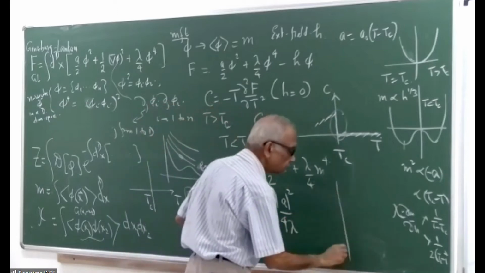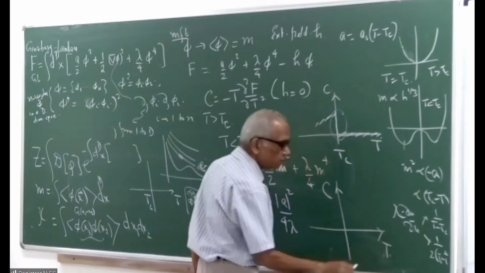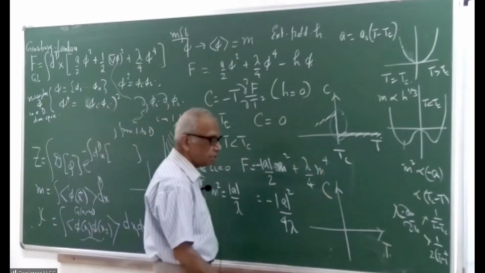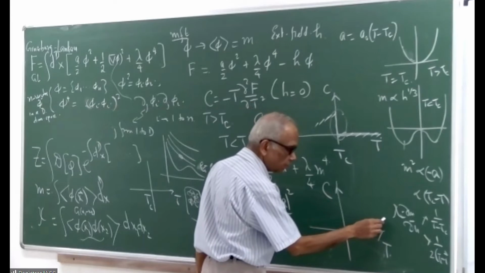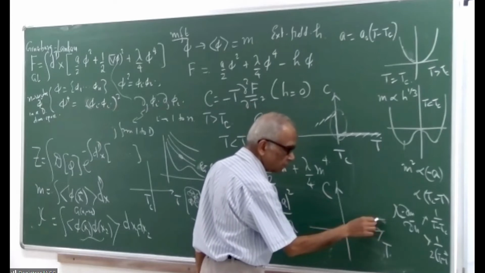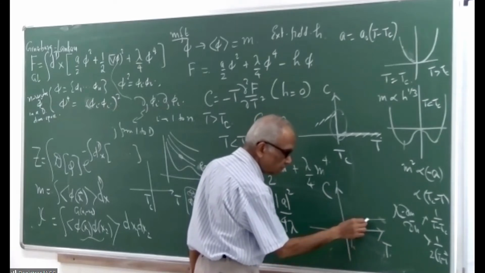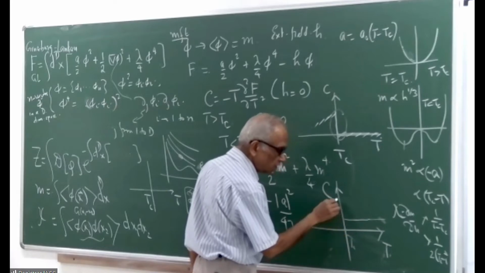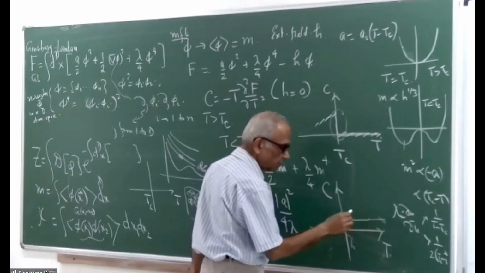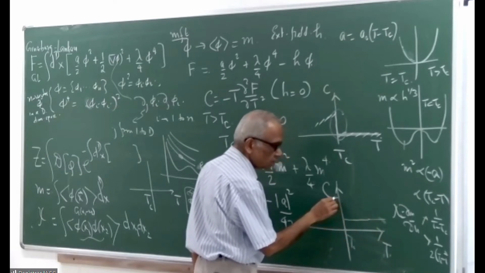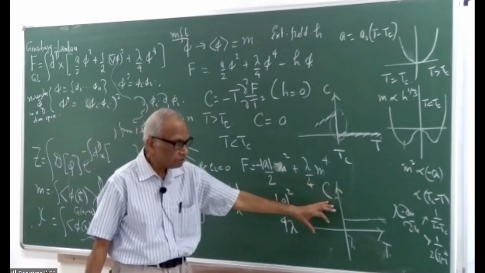So if I try to measure the specific heat, there would be the standard specific heat, which is like, let's say, atomic gas 5 by 2, or if it's a magnet, some kind of similar specific heat. Coming to Tc, just above Tc, it's somewhere over here, with very little temperature dependence, then at Tc there is this sudden jump. So that is what the mean field theory specific heat would look like.